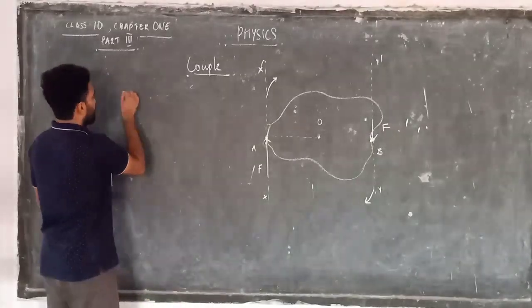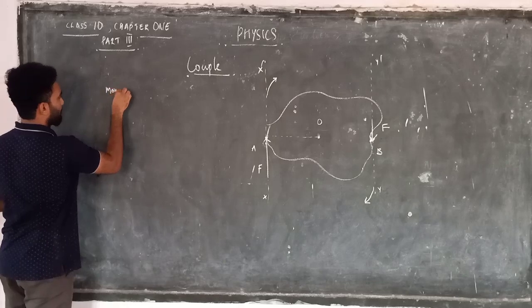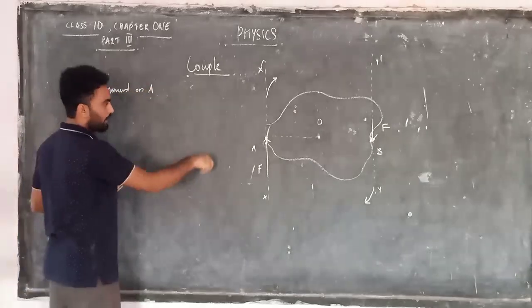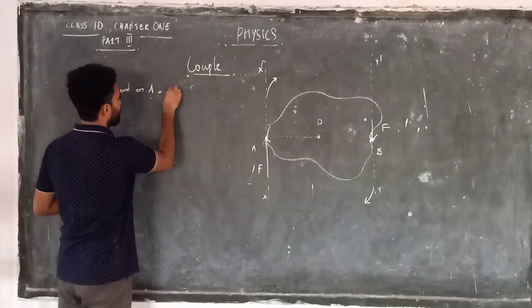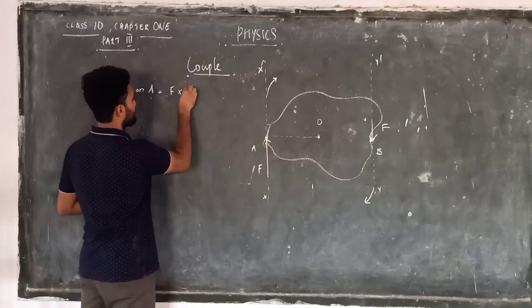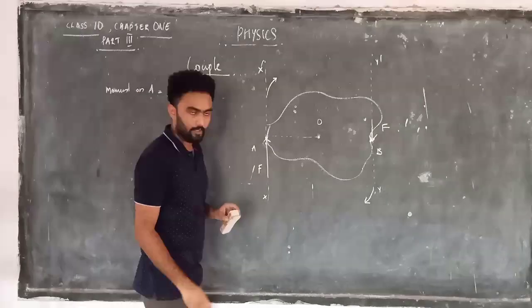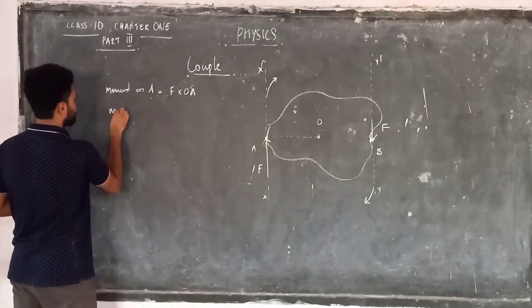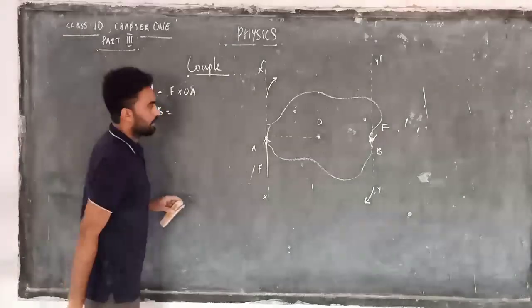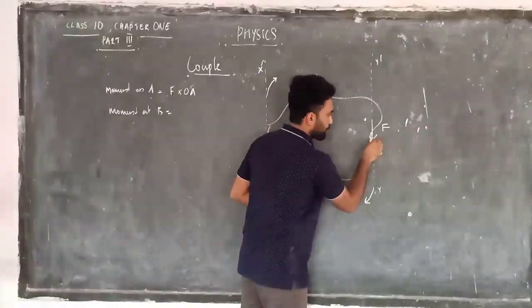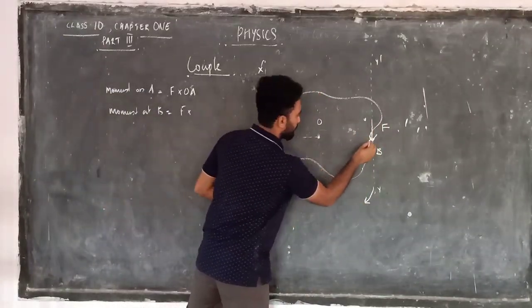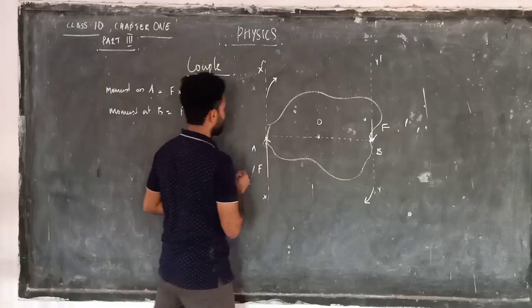That is, the moment at A can be written as F into OA, the perpendicular distance OA. Clear? And the moment at B can be written as the force acting at B, that is F, into the perpendicular distance OB.